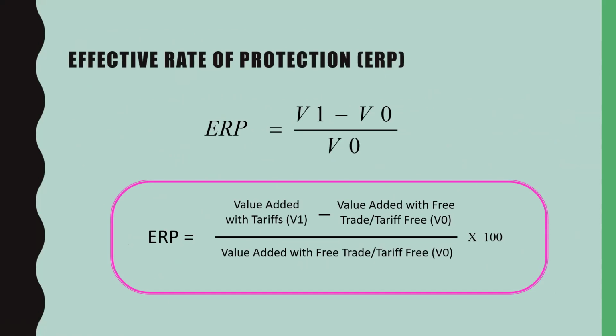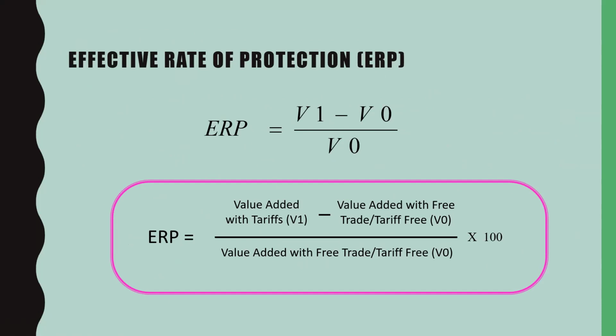Can you write this, please? In the box given, write V1 minus V0 divided by V0. If you want, you can multiply by 100, or you'll get the answer as a fraction.